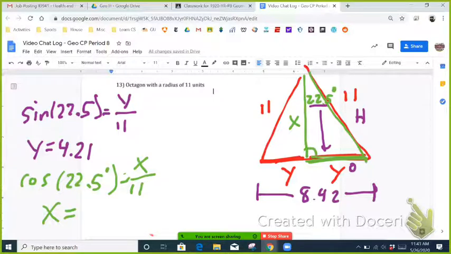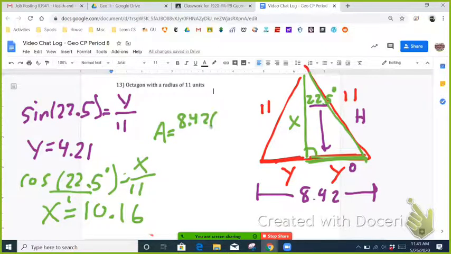It really doesn't matter which one you use, just as long as you get the correct answer for that height. And the height should come out to 10.16. I got that by cross multiplying 11 times the cosine of 22.5, and then x times 1 is just x.